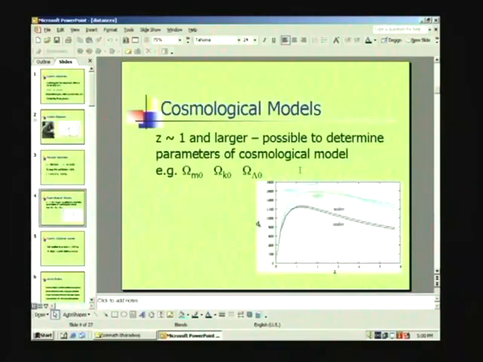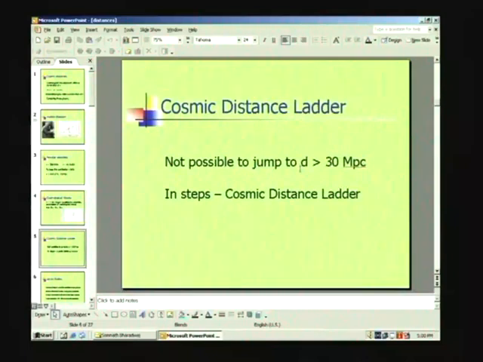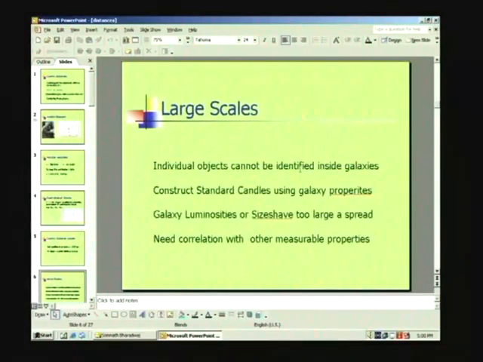Now, to determine distances, you need standard candles, and at large scales I had told you that you cannot make out individual objects inside the galaxies. So, you have to use the properties of the entire galaxies as standard candles.